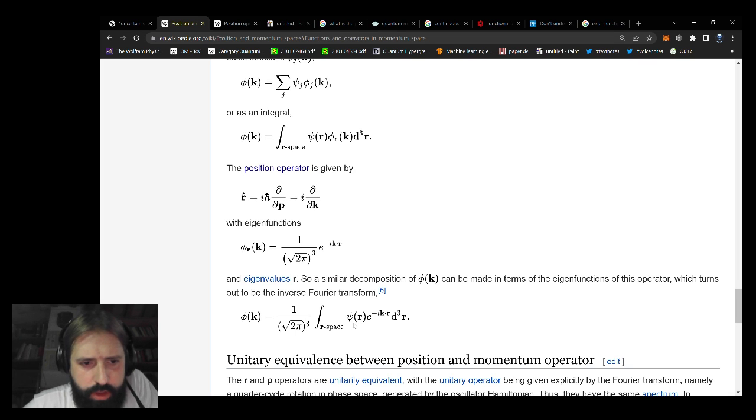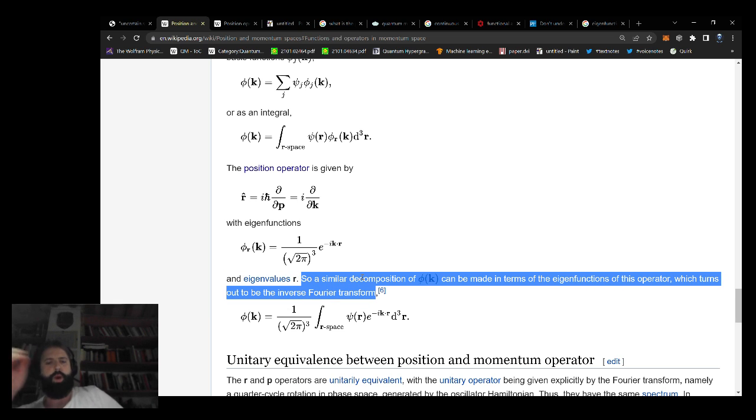First of all, why are we multiplying the eigenfunctions by the actual wave function in position space, and why is this giving us the momentum space? I don't see the intuition.